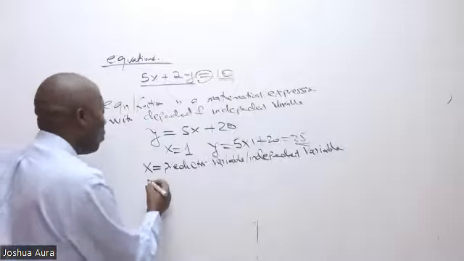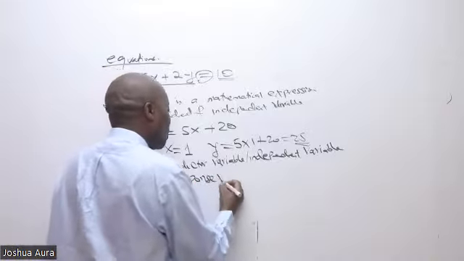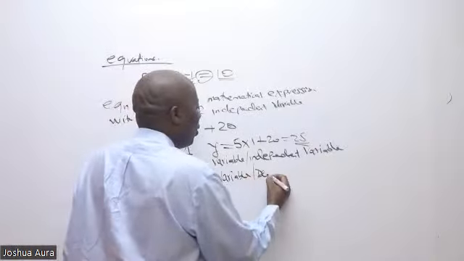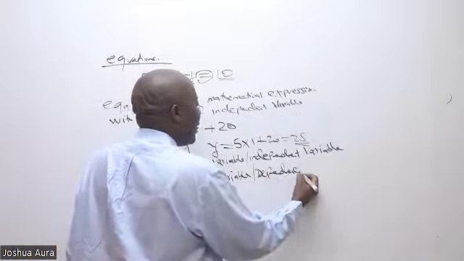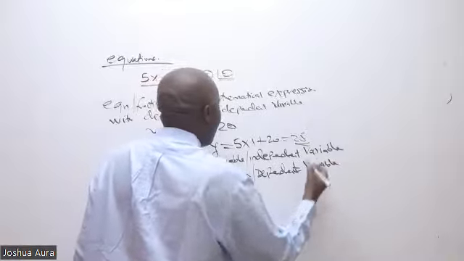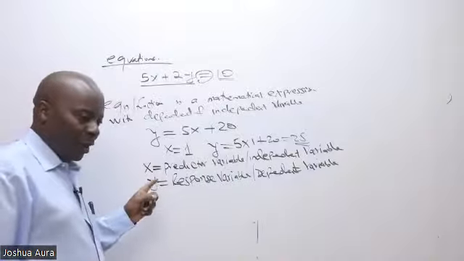And then we have y, which we are calling a response variable, or a dependent variable. Basically, y is responding to x.